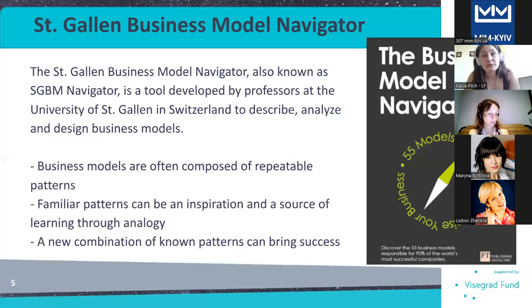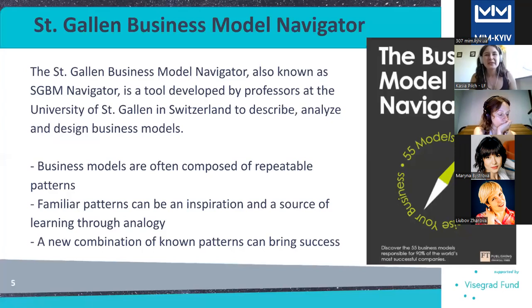So you can just read and choose one that you think would work for your company, all in one place. So it's a good resource to decide which business model would be good for your company. But also, if you want to create a new business model, the book describes how to do that.